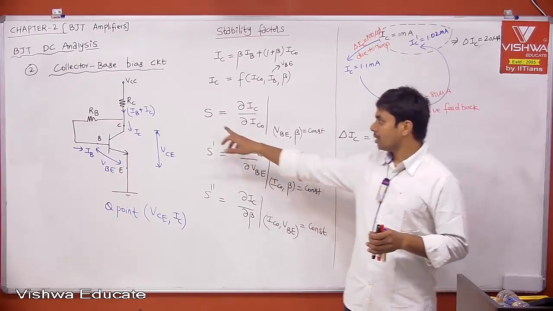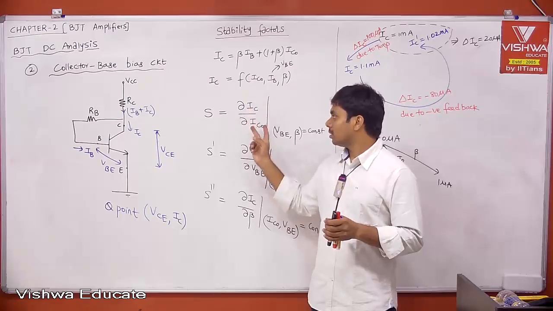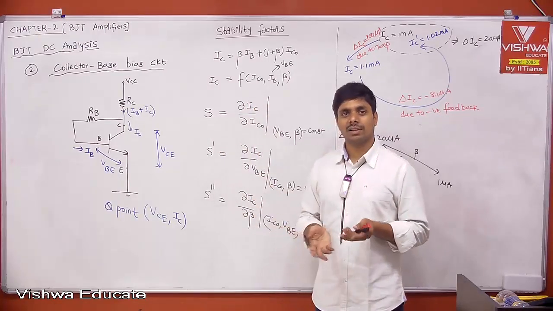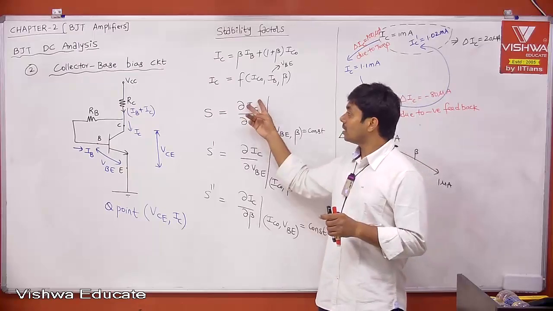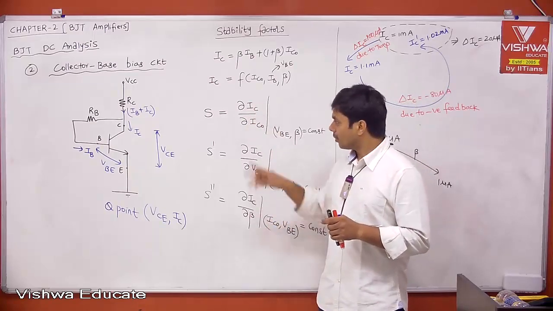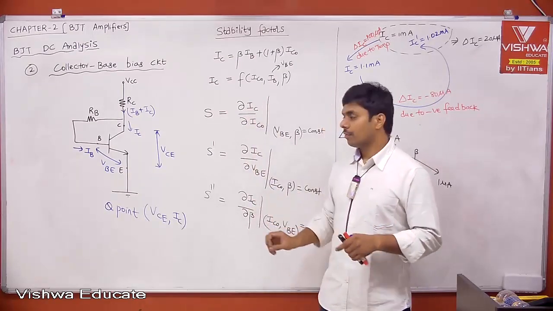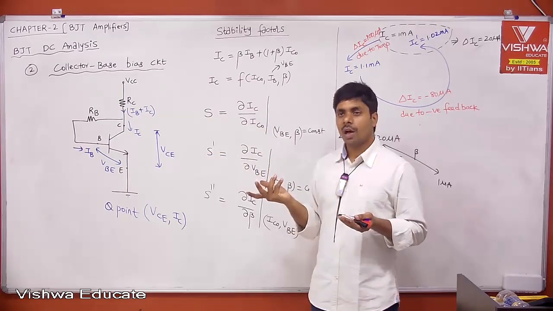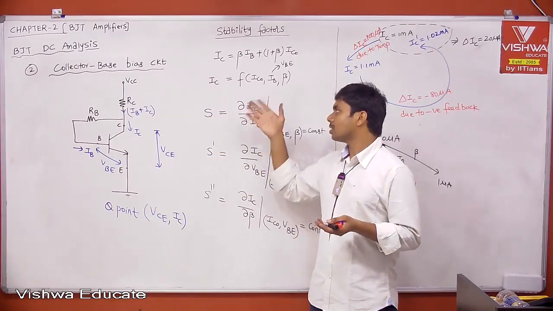Let us say if you say 1, then what is the change in IC? Whatever change in IC naught you have, the same thing you will get in IC. I don't want to see the change in IC because of anything. Therefore ideal value should be 0. For example, when I say S is 0, what does it mean? The change in IC is 0 or IC is constant. When IC is constant, what is the change in IC?